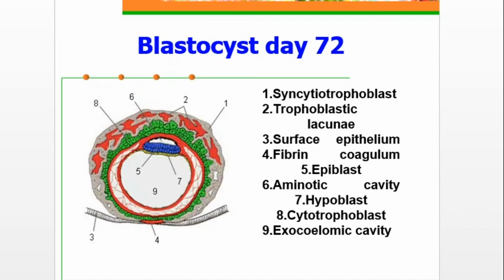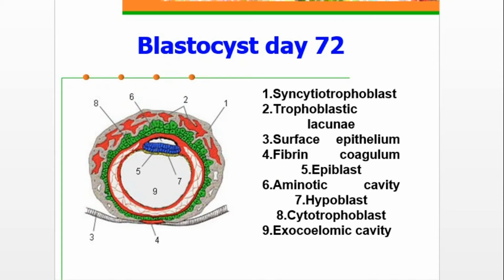At first, in the embryoblast of the blastocyst, there happens delamination. It's the division of the embryoblast into two laminas. As a result, two layers form: the upper layer, epiblast, and the lower layer, hypoblast.